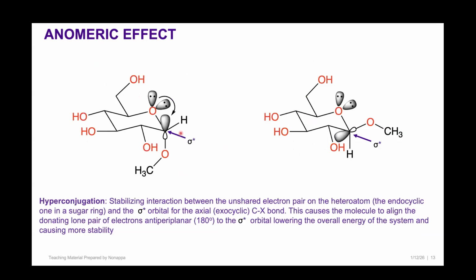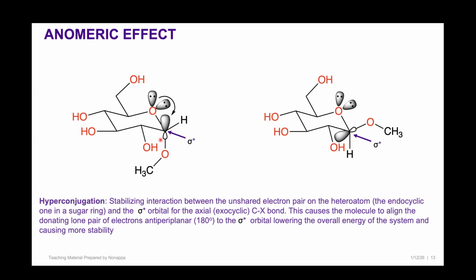If you carefully look, there is this anomeric carbon, carbon 1, and the electronegative substituent attached here. There is a sigma star orbital. When it is in the axial position, the sigma star orbital can overlap because of the orientation at around 180 degrees, whereas in this case there is limited overlap possibility. This process is called hyperconjugation, and this hyperconjugation also stabilizes this kind of structure.